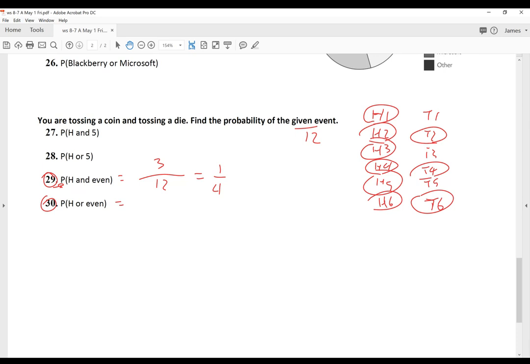The outcomes where you get the H and outcomes where you get the even number, you just count all of them. So it turns out to be 9. Again, it's more. So OR case, you're gonna get more. Which one do you want? Well, I want either that or this. So you could get either one of those. So chance increases. Okay. So that's it.